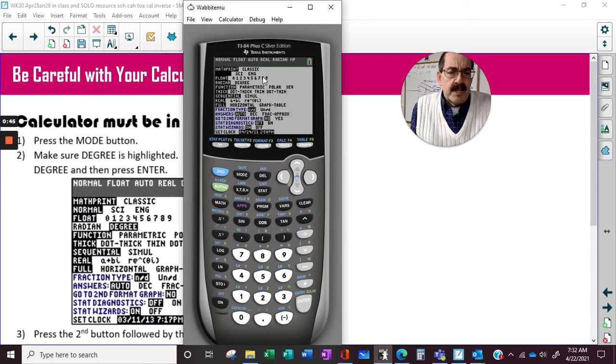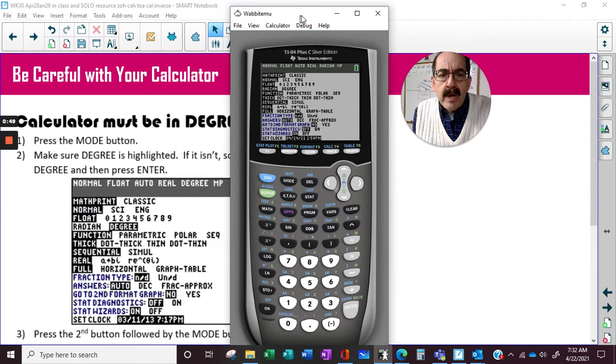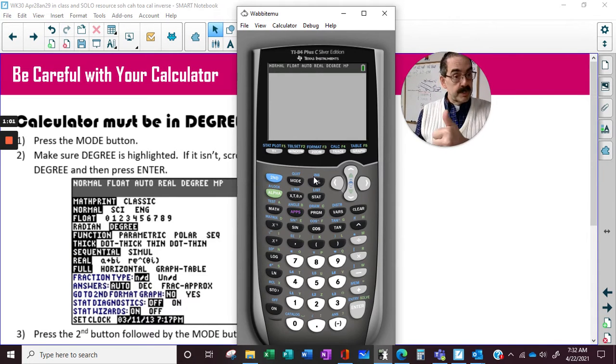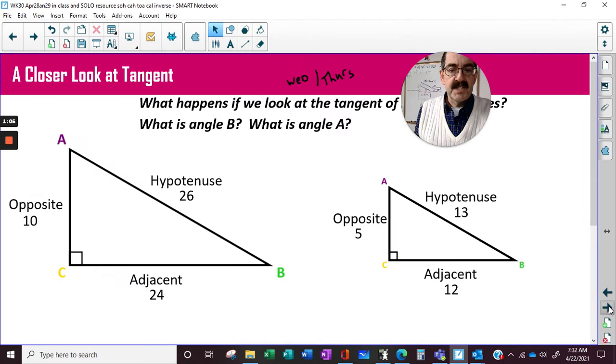You and I grew up in degrees, it makes more sense to us. So toggle over to degrees, enter, degrees is flashing, second mode, and we're good to go for all of these problems.